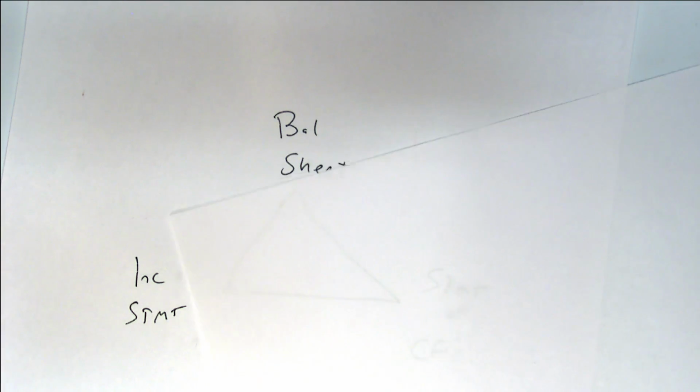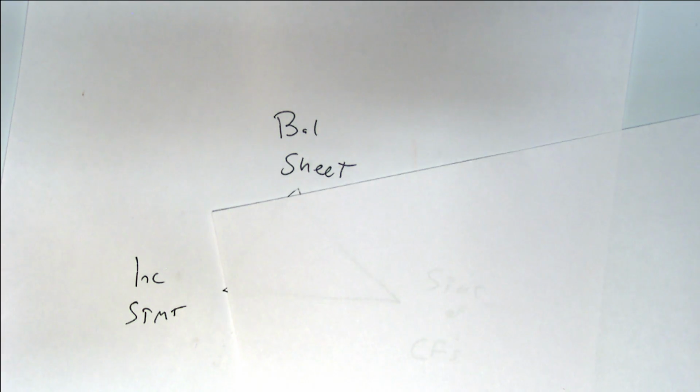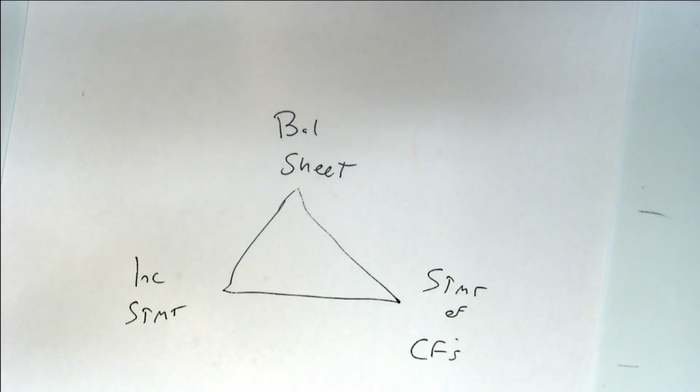Sometimes they would take a look at the balance sheet. And to be fair, sometimes they would look at all three of these. But anybody who understands financial statements should have known that something was up.